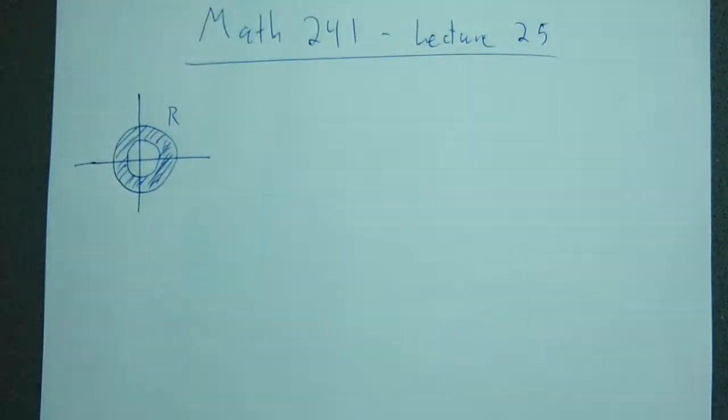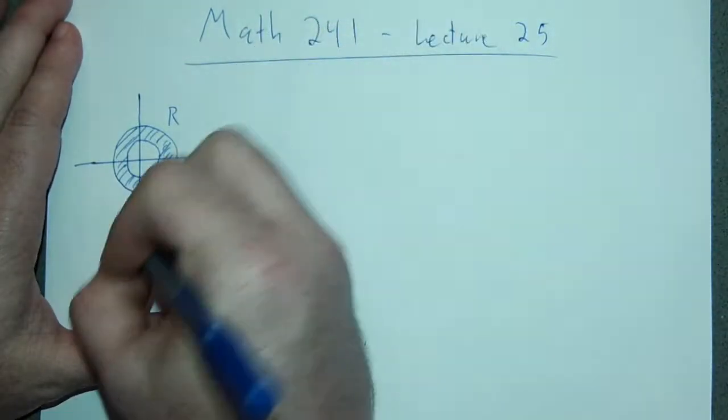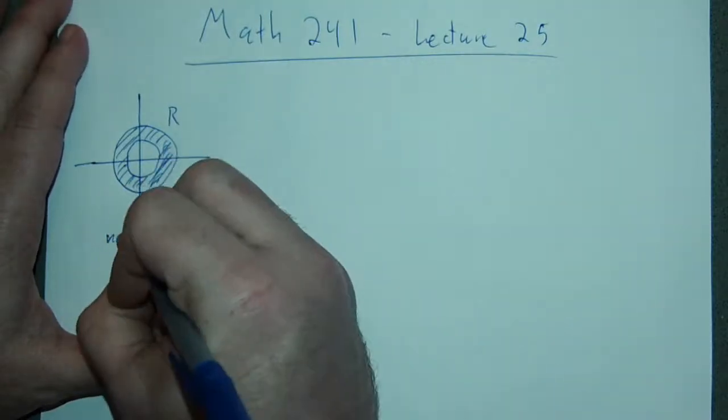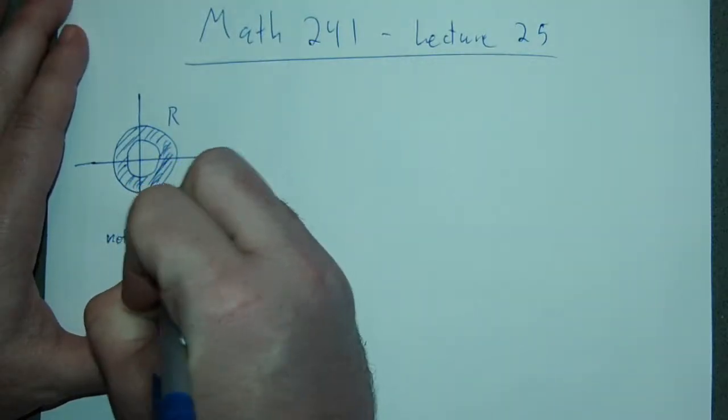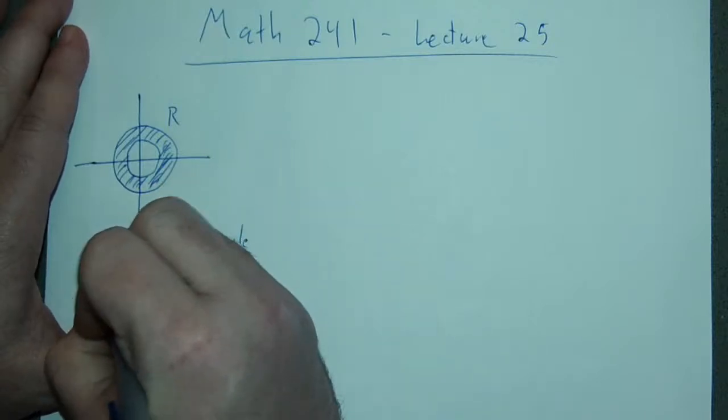If this is my region R, what's the problem with this? As we saw previously, this is not simple, or it's worse than that. It's not vertically simple, and it's not horizontally simple.